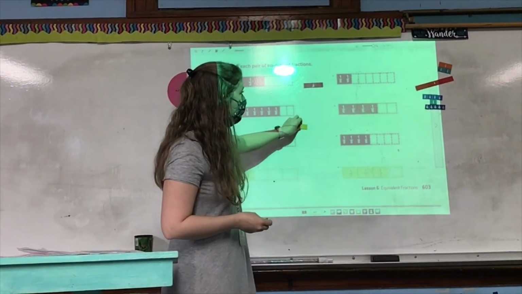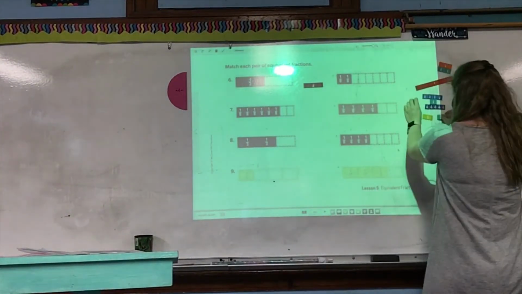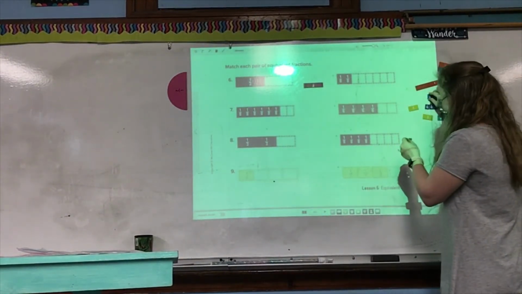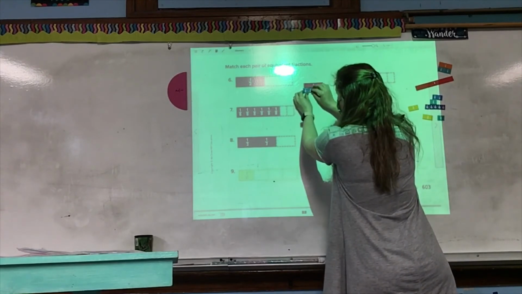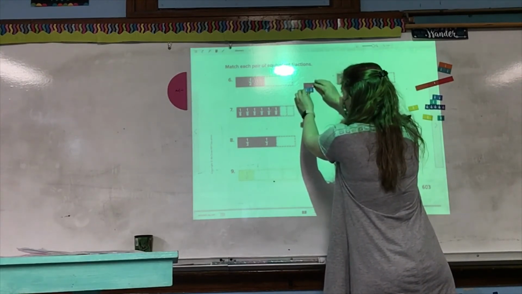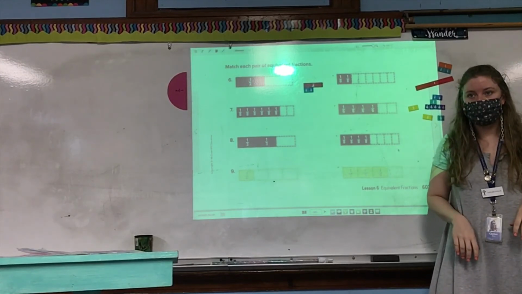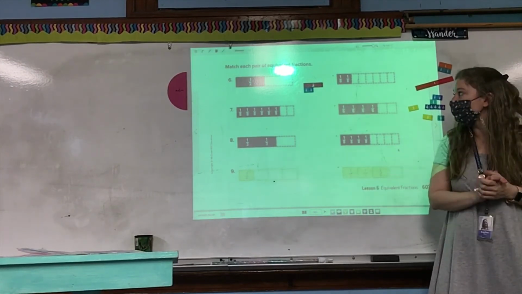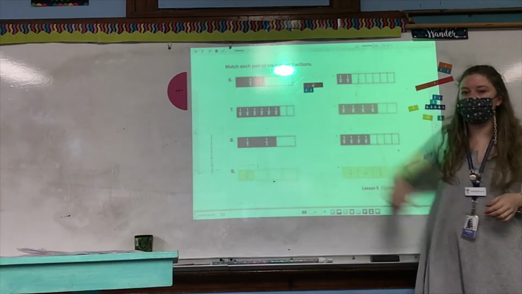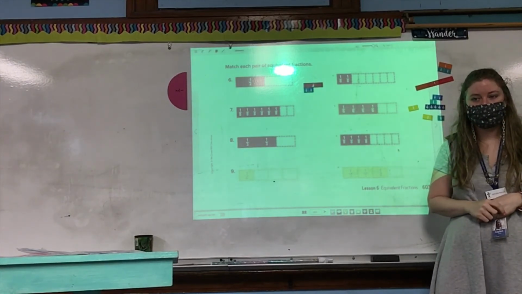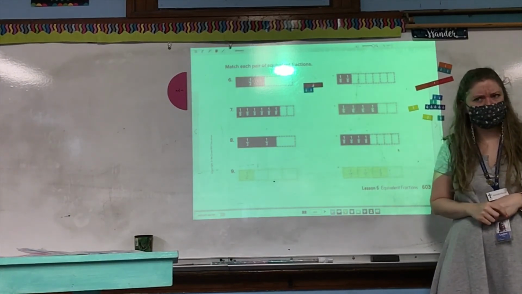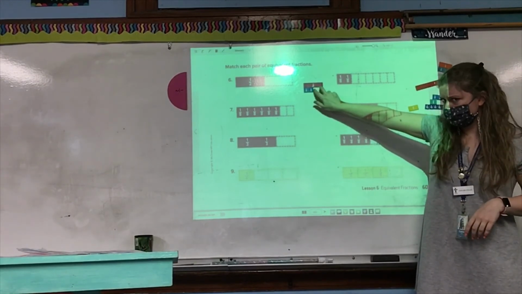I'm going to start with these two 1/8 tiles. Do those match? 1/2 and 2/8. Do those match? No, definitely not. Look at all that space.